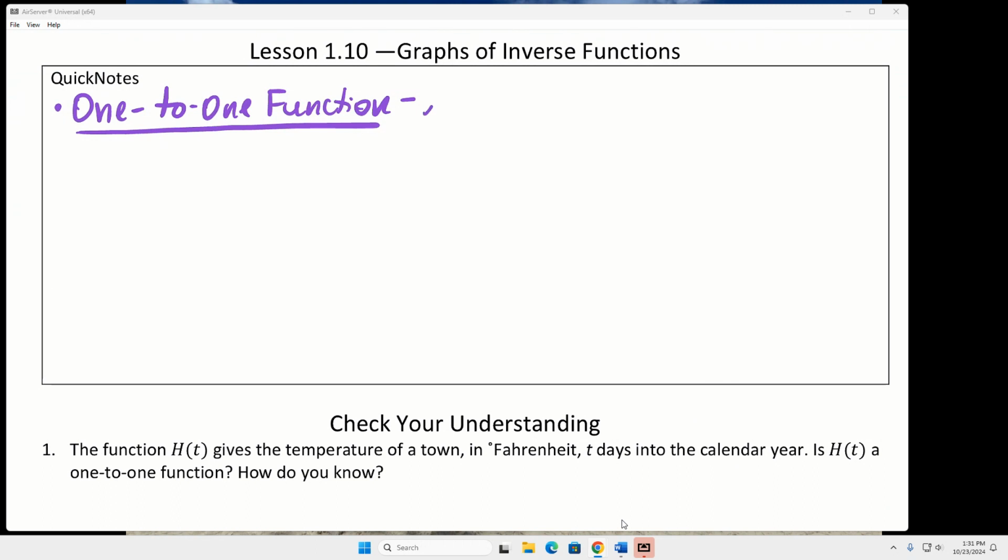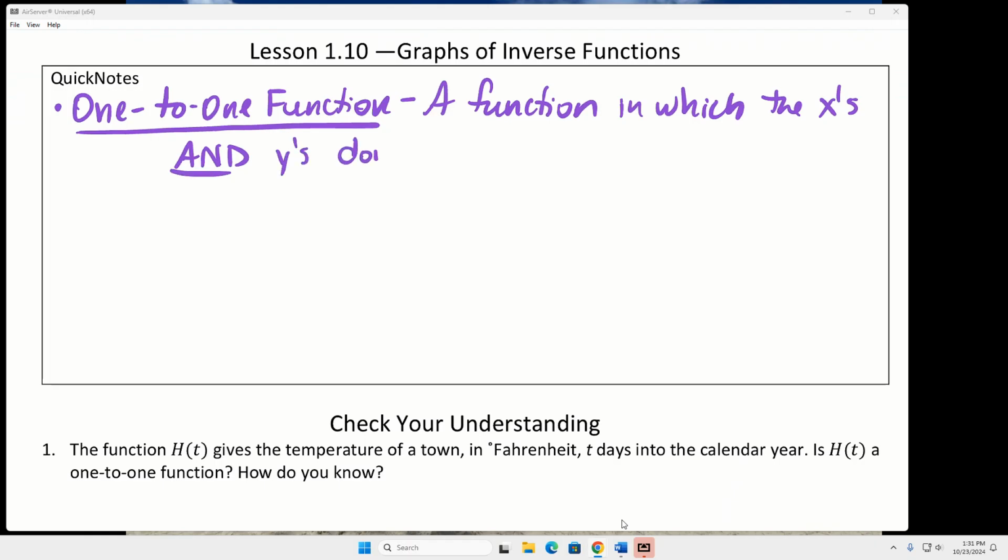It's a function in which the x's and y's don't repeat. So there's one y for each x, because that's the way it has to be for a function, but there's also one x for each y, so there's no repeating. Right? And some characteristics about one-to-one functions.